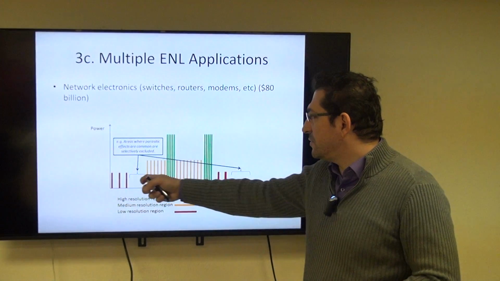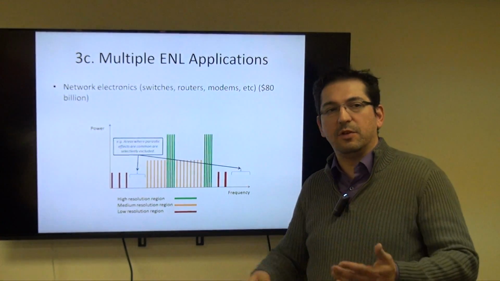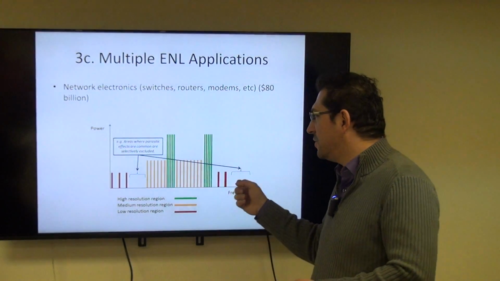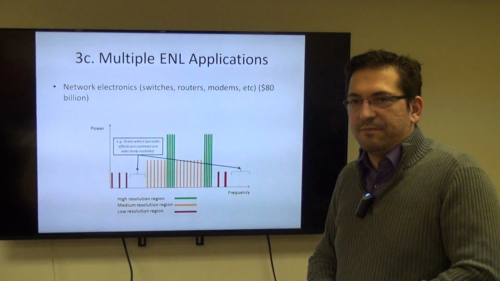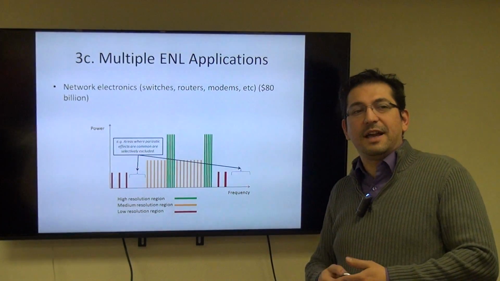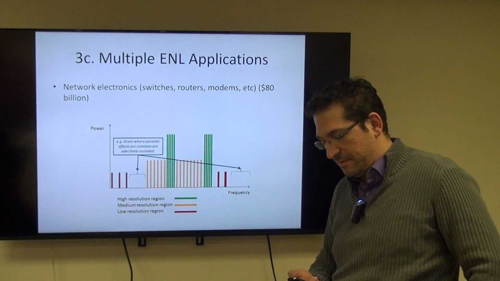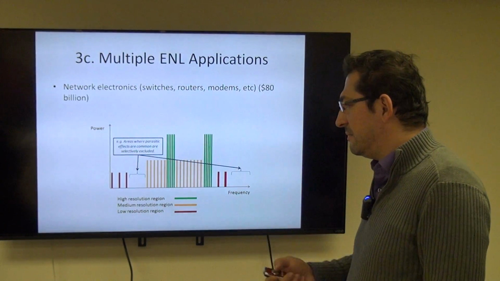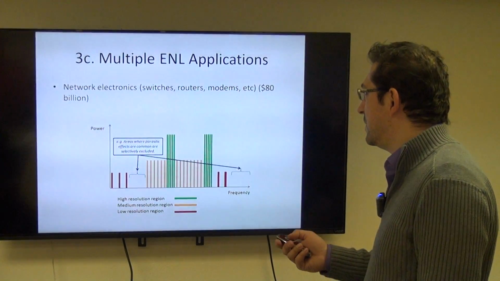And if there are areas where you have problems because of noise, environment, and things like that, you just don't need to have ENLs there. That's not an option right now with analog to digital converters and fast Fourier transform systems that use DSPs and so on.